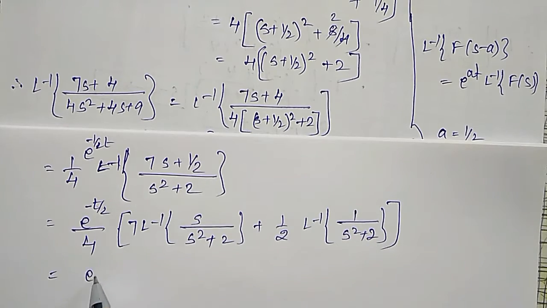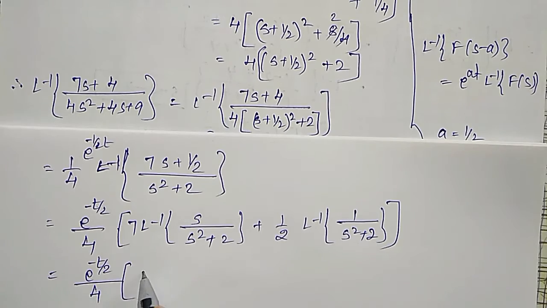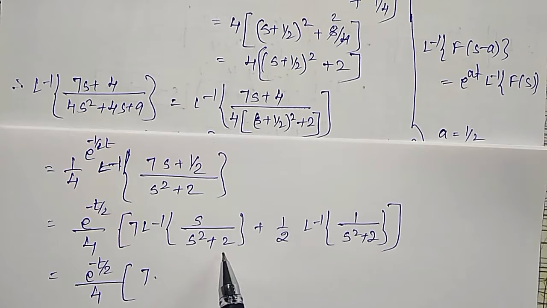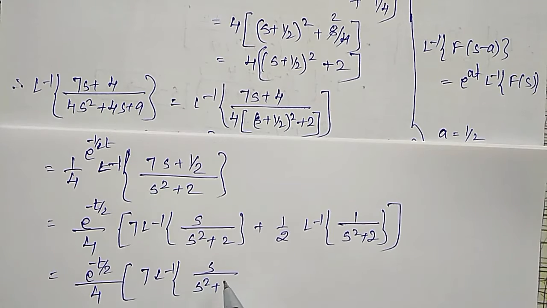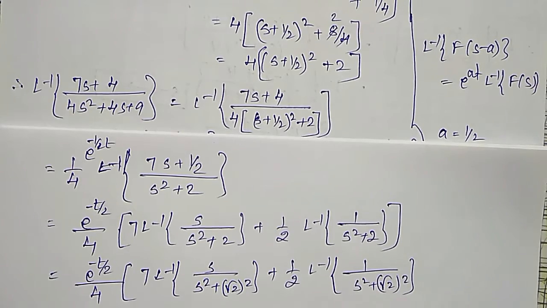That is nothing but e to the power minus t by 2 whole divided by 4 into bracket 7 into inverse Laplace transform of s divided by s square plus 2. A square must be there, but it is 2. That's why I will adjust this one as inverse Laplace transform of s divided by s square plus root 2 the square, plus 1 by 2 inverse Laplace transform. Here also I will write it as s square plus root 2 square.